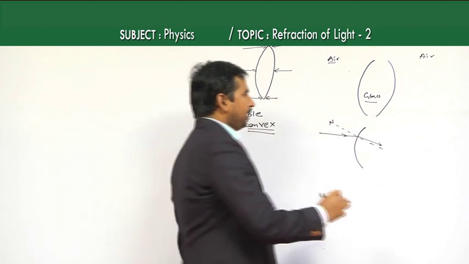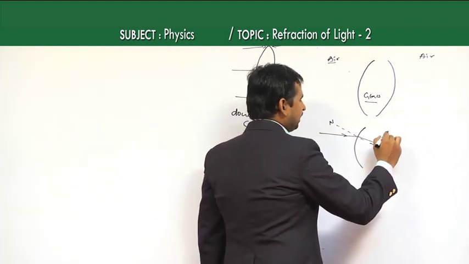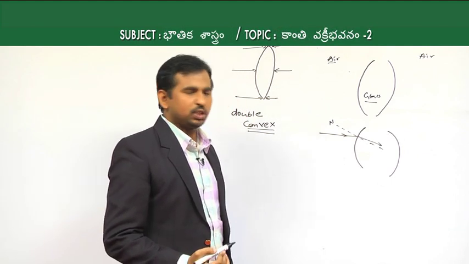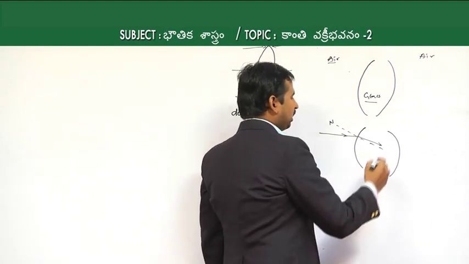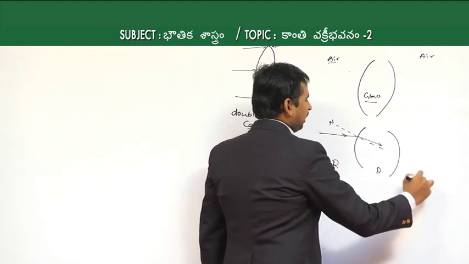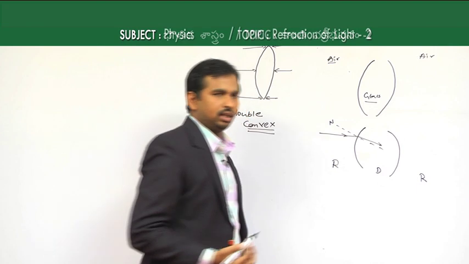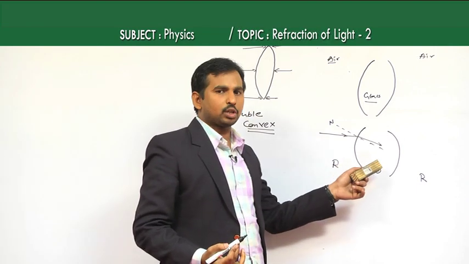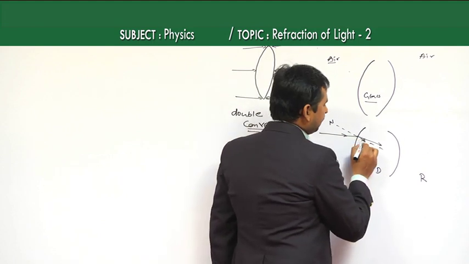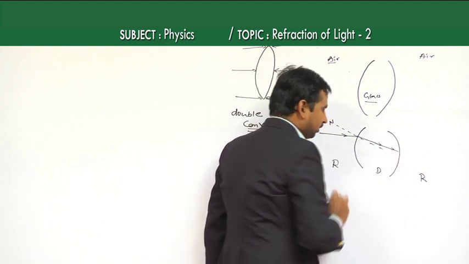Okay. Now, the light ray which enters here, which is coming from glass back to the air, which means from denser medium to rarer medium, this is denser, this is rarer, and again back to the air. This is again a rarer medium. If the light ray is coming from denser to rarer medium, now the light ray is coming down here like this.